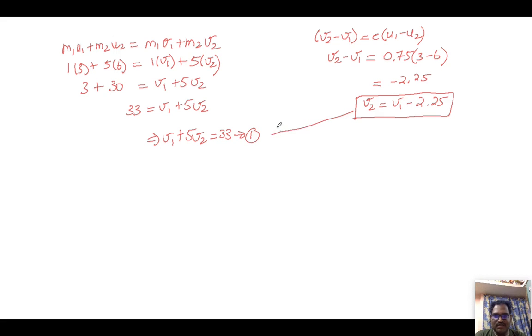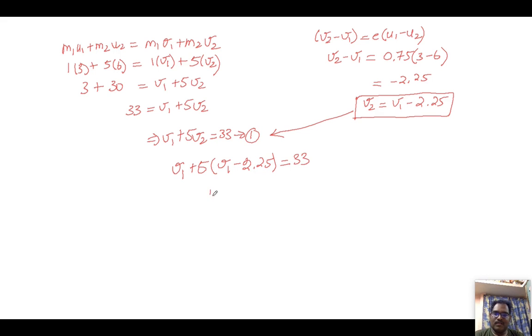Substitute it in equation 1. So v1 plus 5, instead of v2 we can write v1 minus 2.25, is equal to 33.